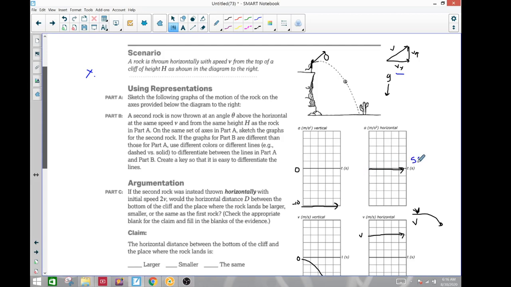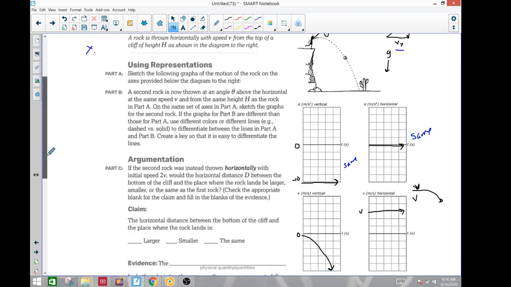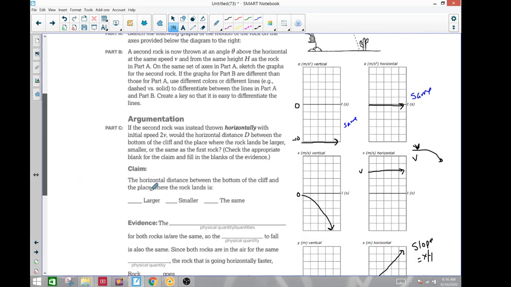Same. Gravity hasn't changed. Horizontal velocity, less. I don't know what the angle was, so I'm just going to go like right here, less, because part of the velocity is going up.